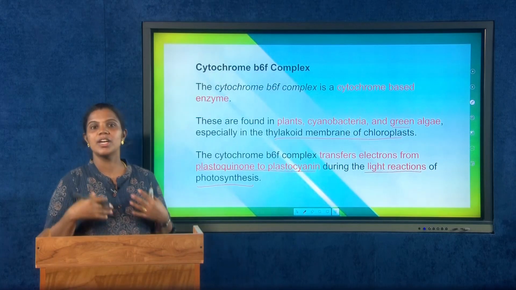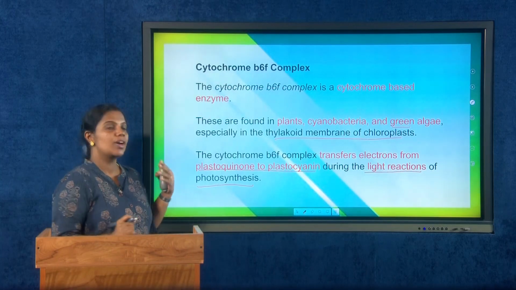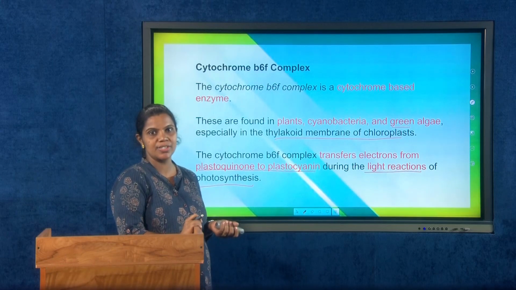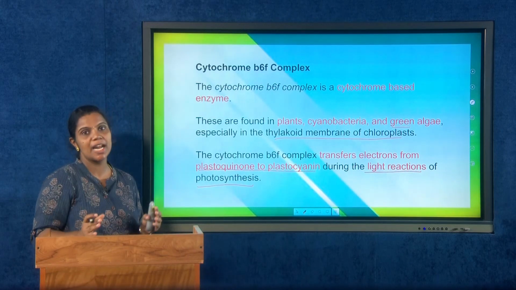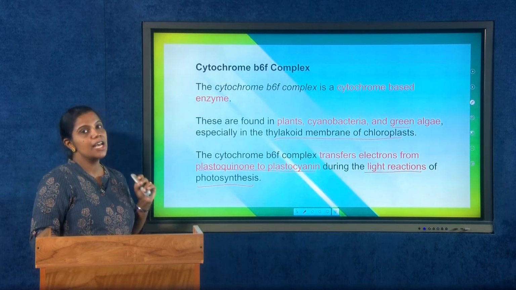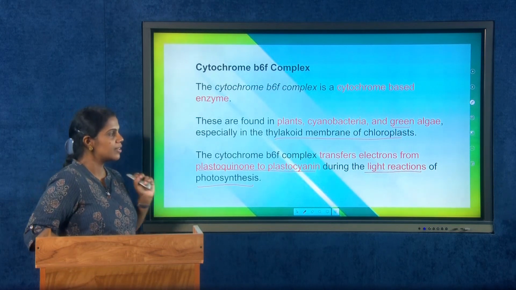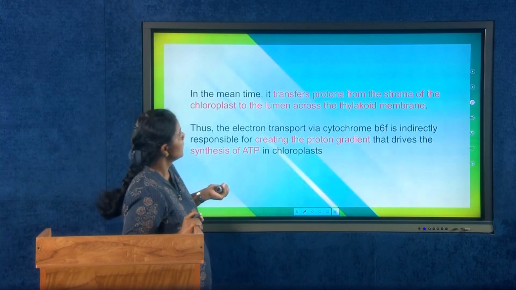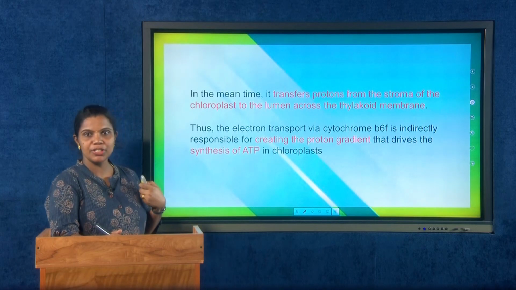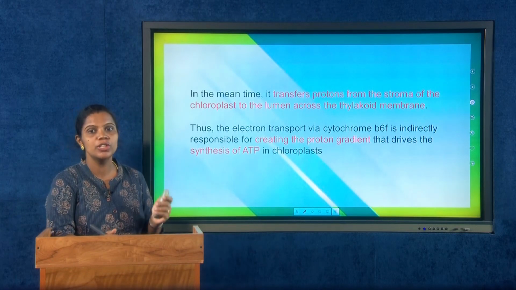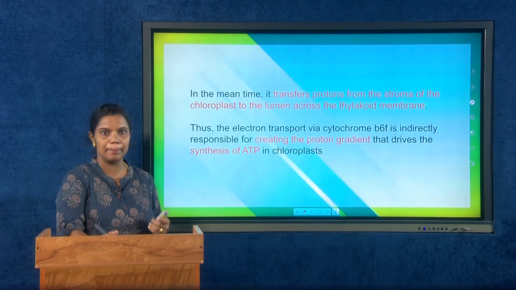We will see what is the light reaction, what is the mechanism or the chemistry of photosynthesis in the coming lectures. So, please understand that this enzyme cytochrome b6f complex is part of the light reaction of photosynthesis. So what is the purpose or function? It transfers protons from the stroma of the chloroplast to the lumen across the thylakoid membrane.